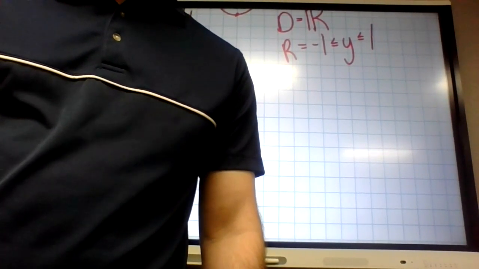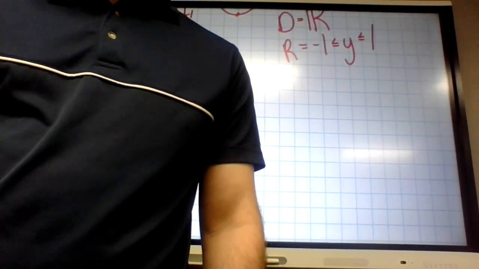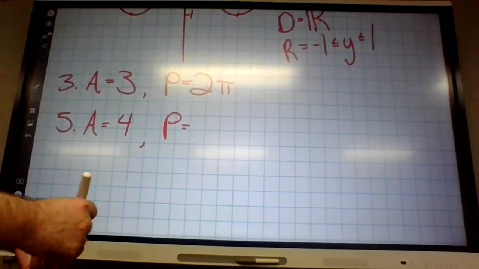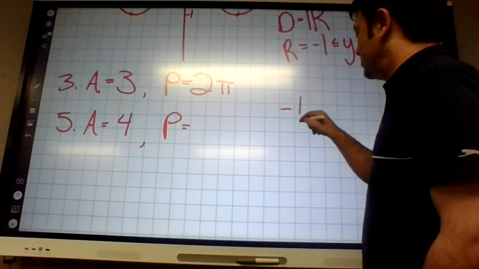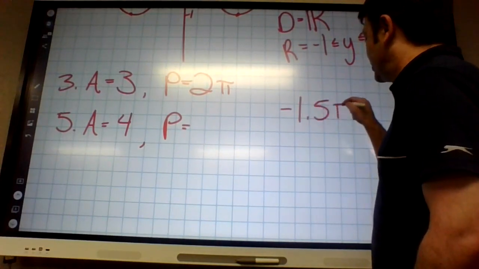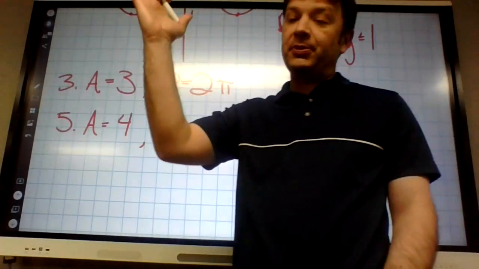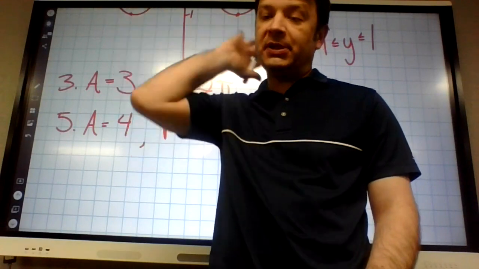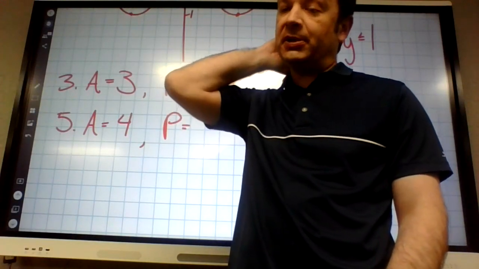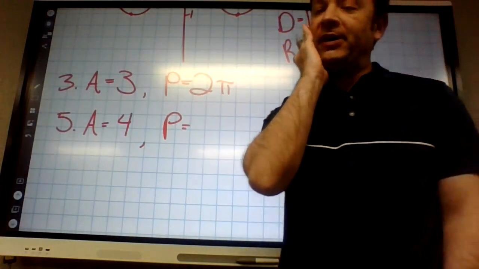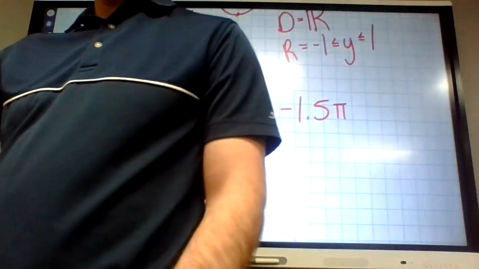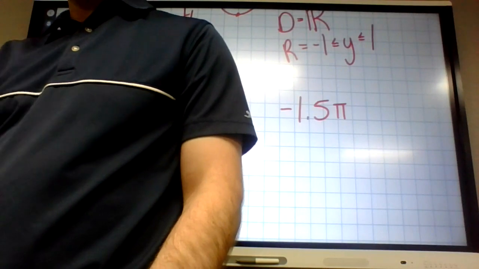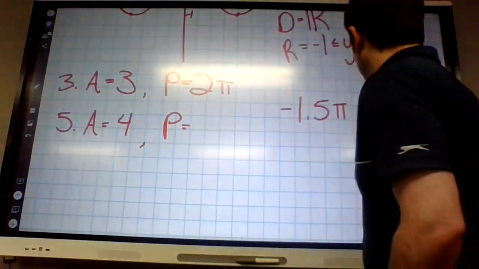What's between negative pi and negative 2 pi? You could say negative 3 pi over 2, or negative 1.5 pi. That's where it's going up through the middle on the left. You see what I'm looking at? At negative 1.5 pi, it's going up through the middle. So on the right, where is it going up through the middle? 1.5 pi.